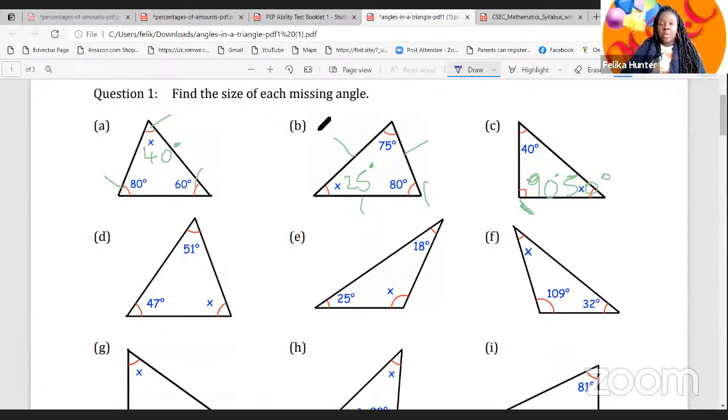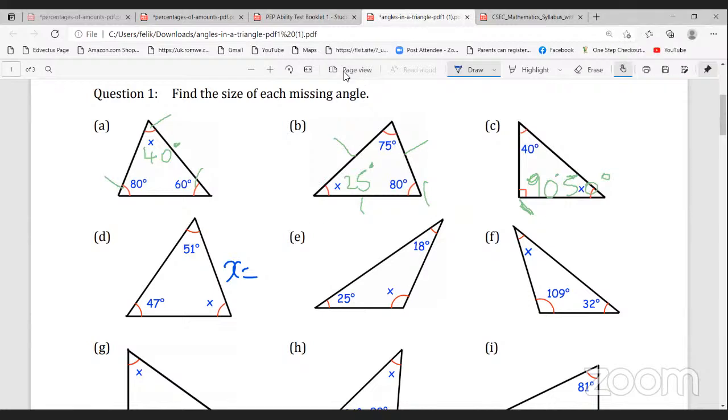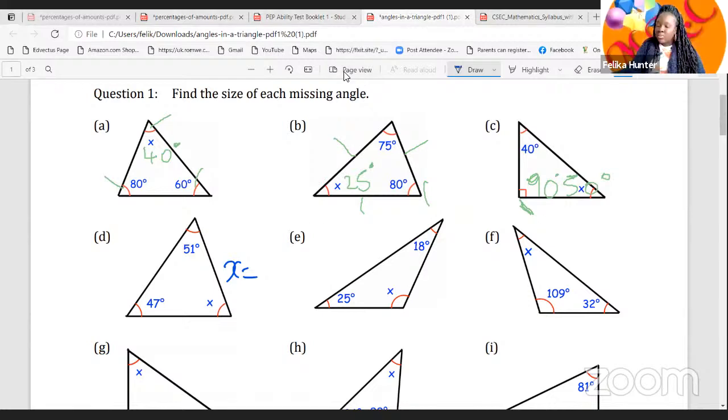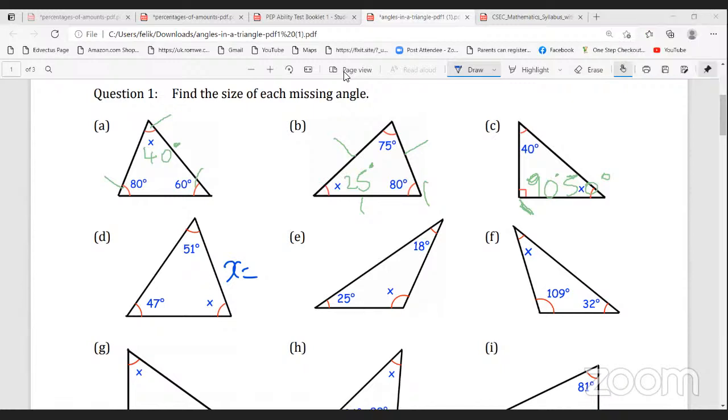I want you to be doing this. X equal. Just put X equal, continue. What the answer is. Okay.